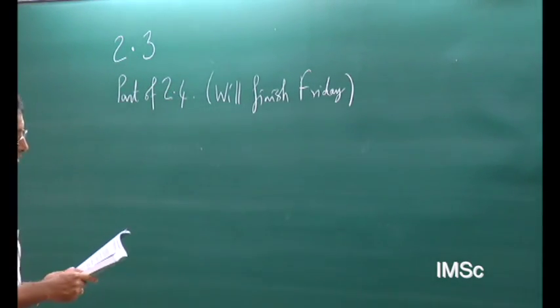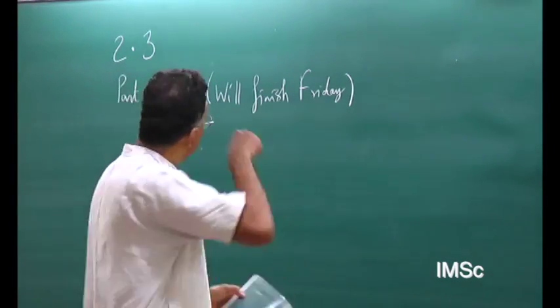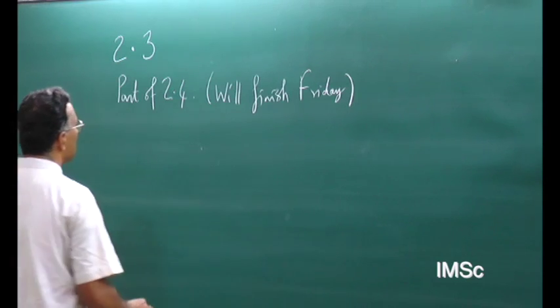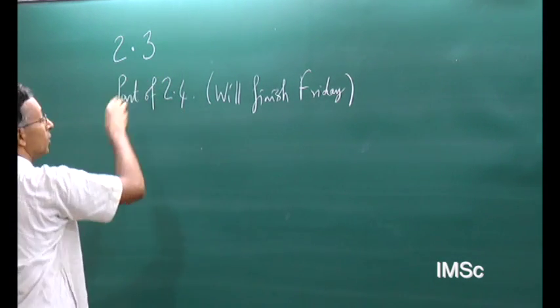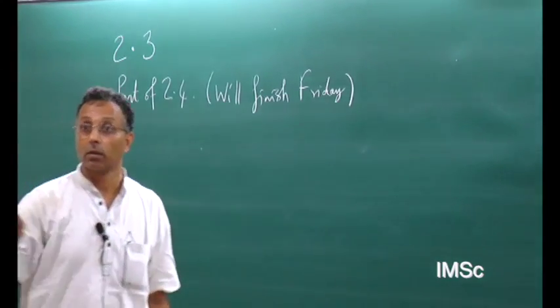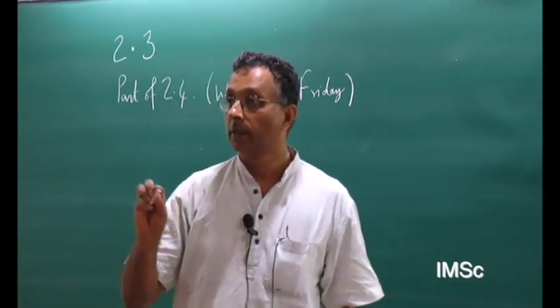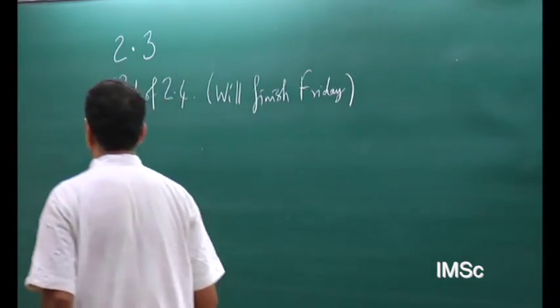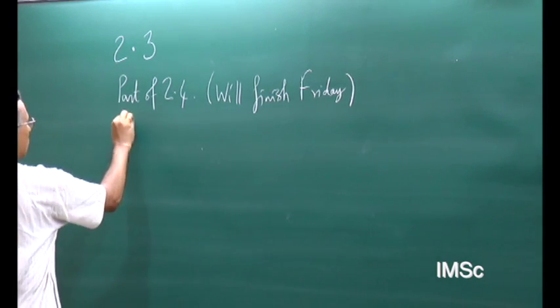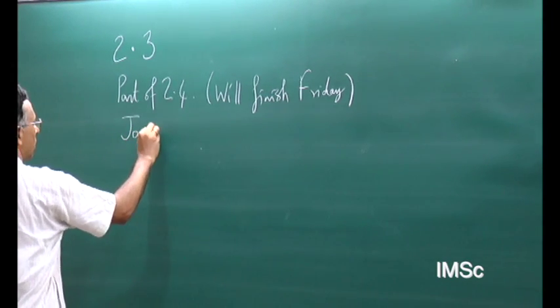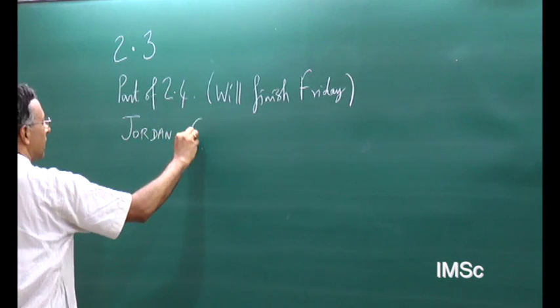Okay, so let's say a few words about 2.4 and 2.3. So the main theorems. 2.4 is about the Jordan decomposition, or Jordan-Chevalley decomposition.